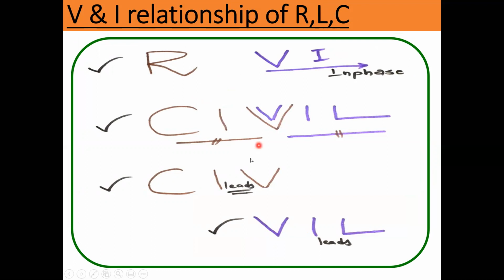CIV is one part, and VIL is the other. CIV stands for: in a pure capacitor, current leads voltage by an angle of 90 degrees. Same thing in VIL, where L stands for inductor: in a pure inductor, voltage leads current by an angle of 90 degrees. We'd like to have some mathematical equations also. In further sessions, I would like to conclude with those mathematical equations.